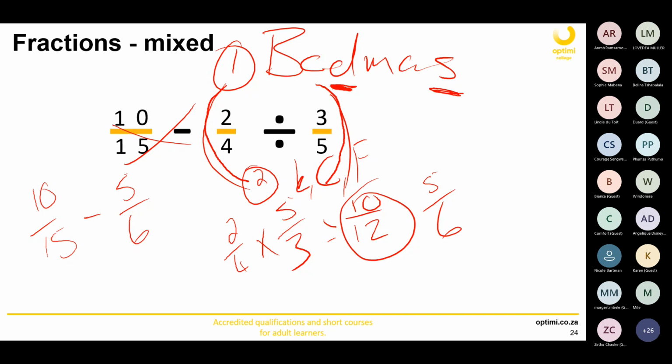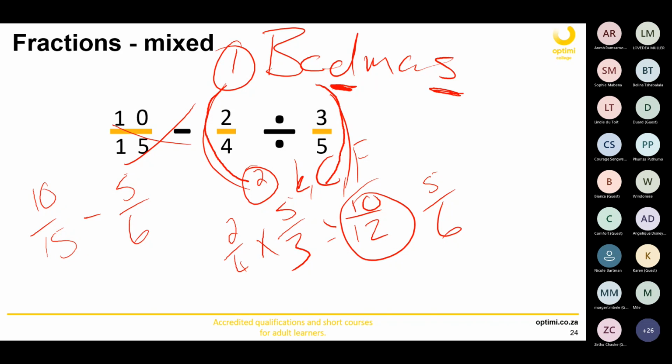Guys, you can now pick and choose for yourself. I would either say 6 times 15, which gives me 90, or if you can see that the smallest common denominator of the two is 30, then you can use that one as well.